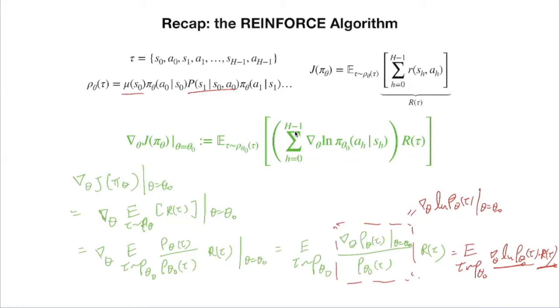But what we realize is that when we compute the log of the trajectory likelihood, this is log of mu at s0 plus log of pi theta a0 given s0 plus log of p s1 given s0 a0, and so on and so forth. And now you push the gradient inside this summation, and we realize that this term will go away because this term has nothing to do with theta. This term will go away too, because it has nothing to do with theta, right?